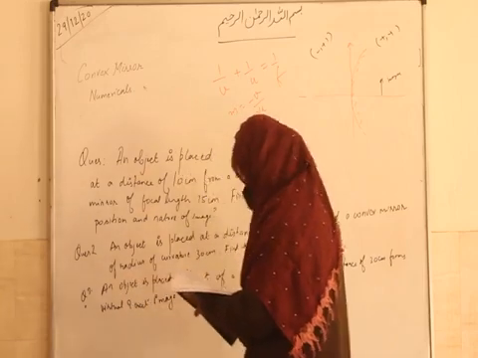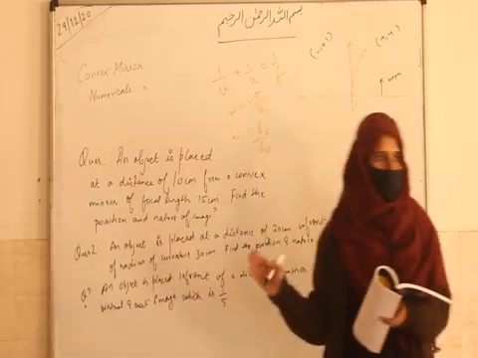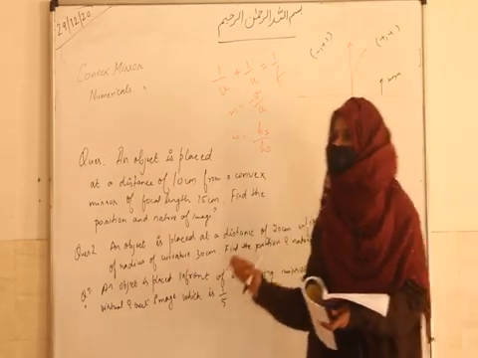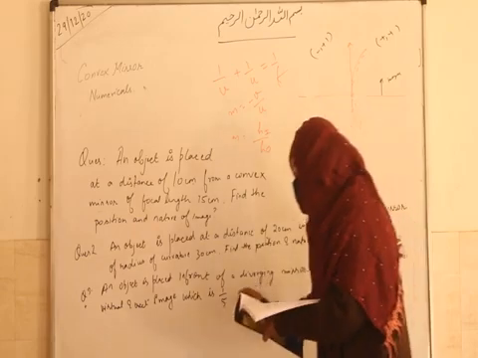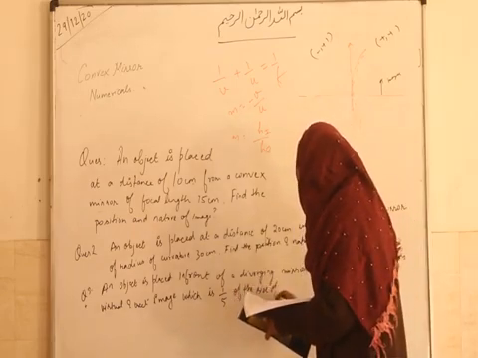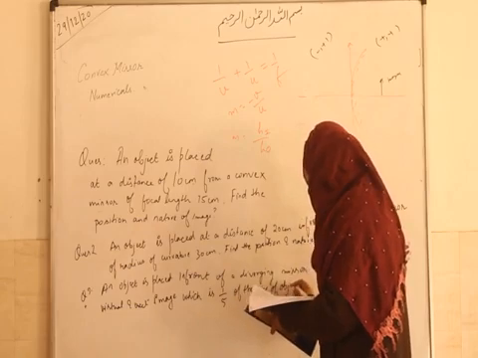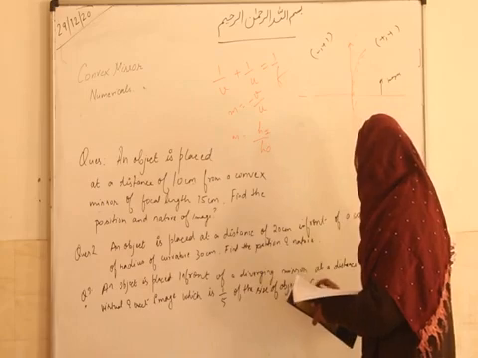Diverging is convex. So sometimes they will not tell you that it is concave or convex, but they will give the information in the form of diverging and converging mirror. Calculate position.